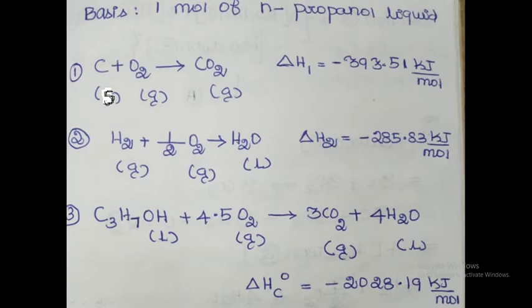Carbon dioxide number of moles 3, water number of moles 4. Are you clear or not? Okay. So, step number 2, identify the number of moles of combustion products formed as per the reaction. So, 3 moles of carbon dioxide, 4 moles of water. Are you clear or not? Okay.